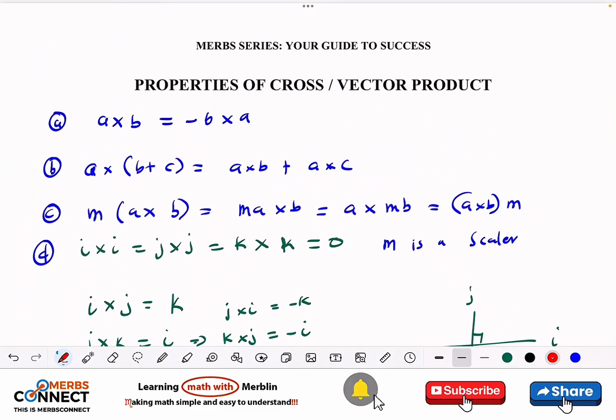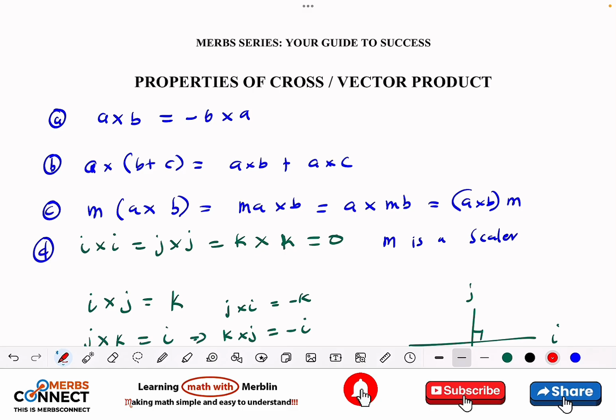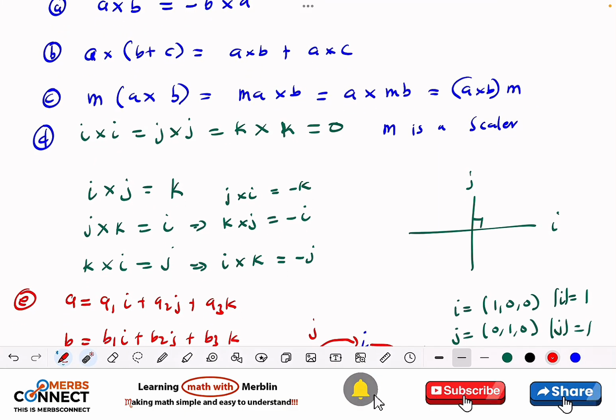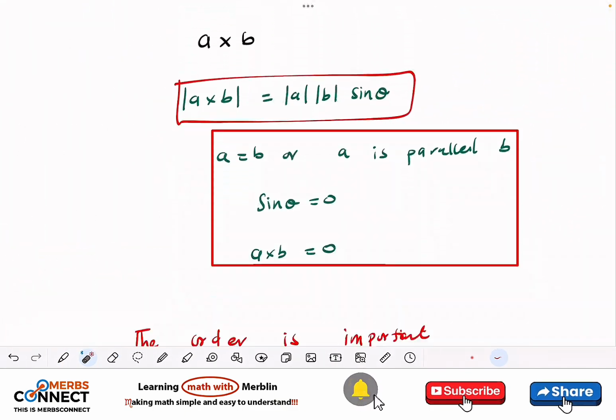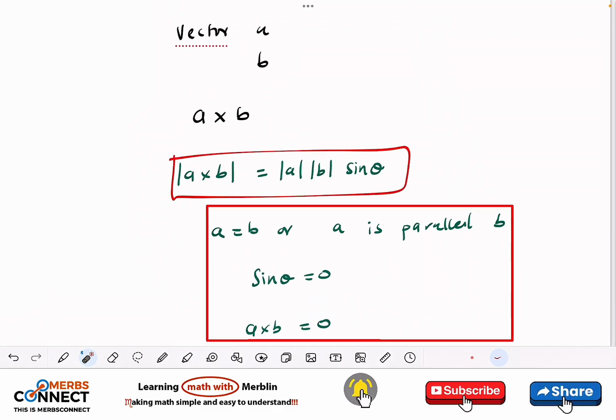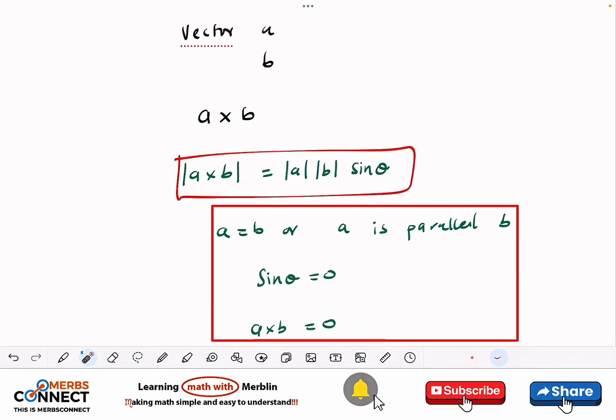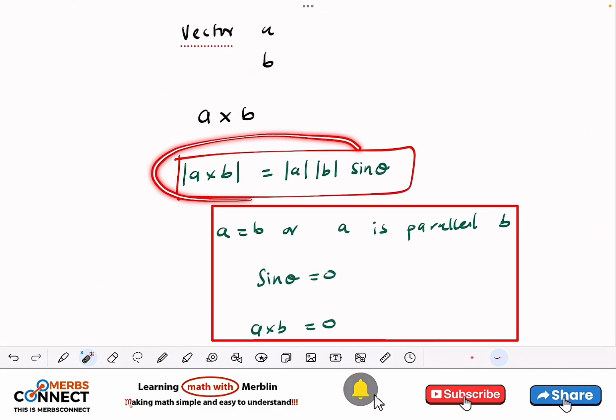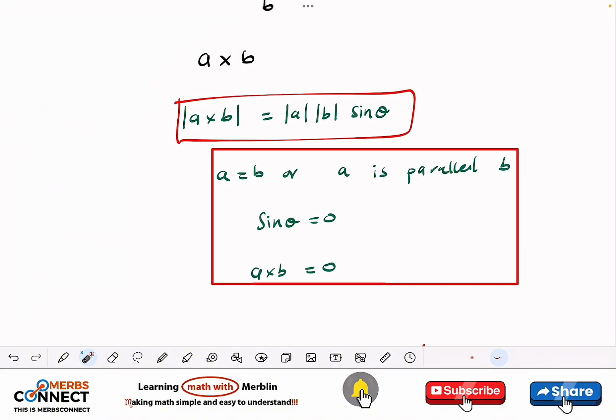So let me do a quick recap here before we start the examples. What we need to know is that when we cross two vectors, we get a vector, right? And this is the formula that we need. We also saw that when two vectors are parallel to each other, then when we cross them, we get 0. So this talks about collinear, or coplanar.